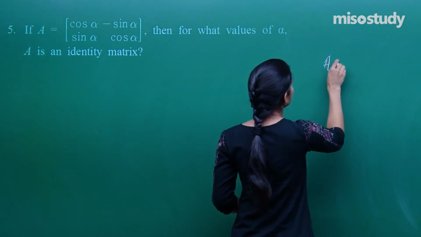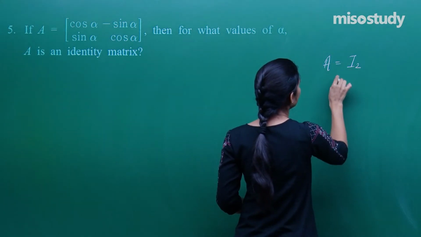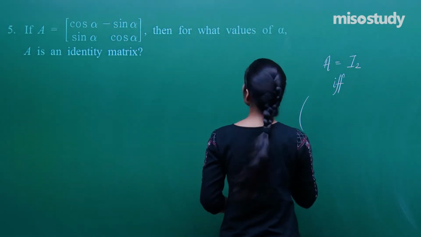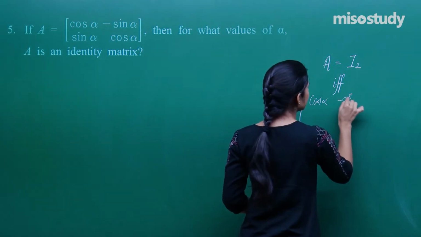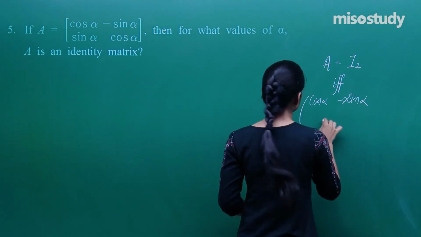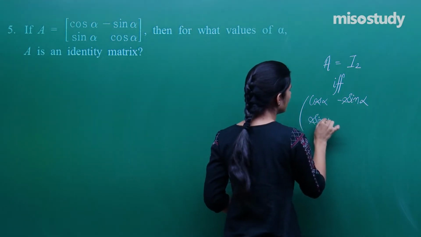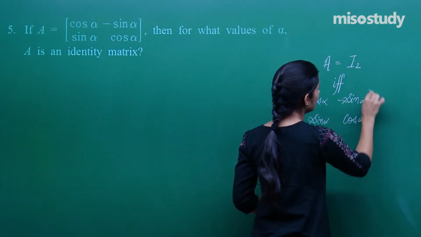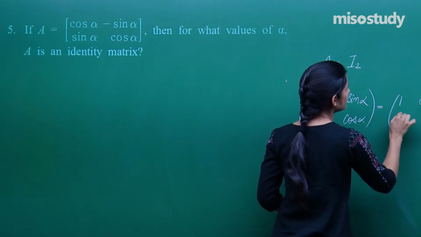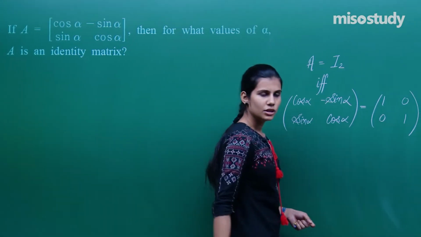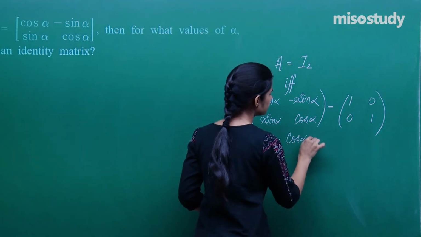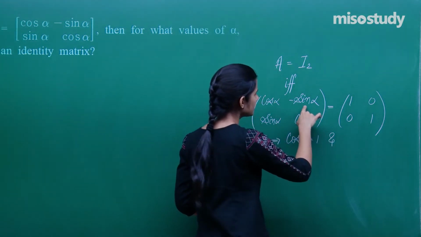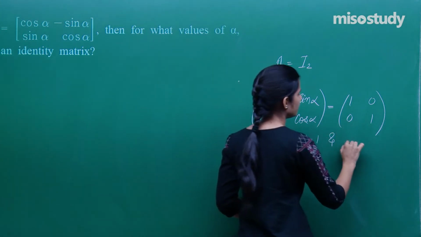So, A is equal to the identity matrix of order 2 if and only if cos alpha, minus sin alpha, then you have sin alpha, cos alpha is equal to 1, 0, 0, 1, which implies cos alpha equals 1 and minus sin alpha or sin alpha equals 0.